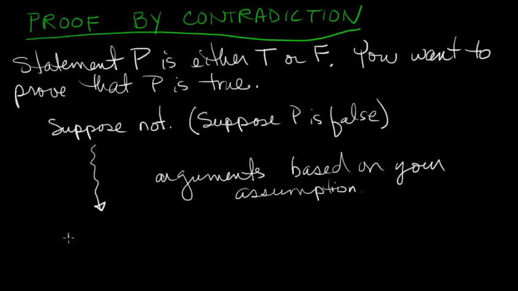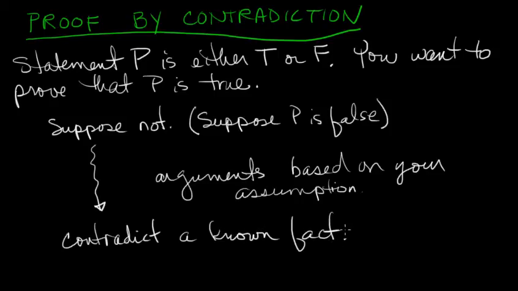Or in other words, you contradict a known fact. Well, if you contradict a known fact and you have had a series of arguments based on your supposition, then your supposition must not have been correct.